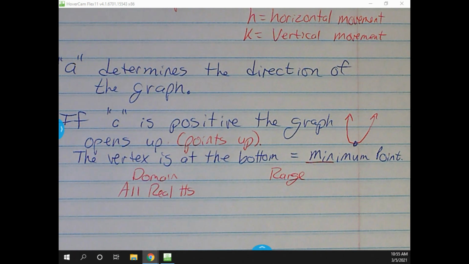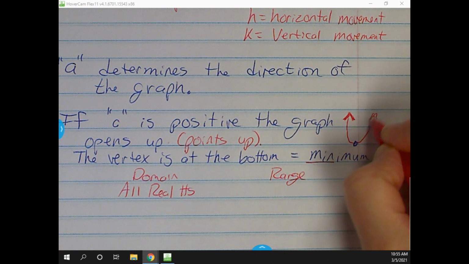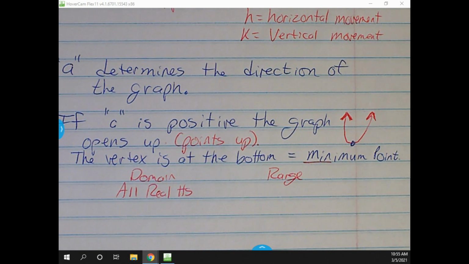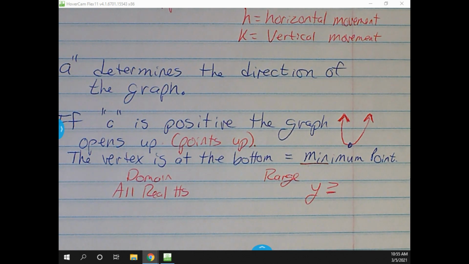This is where it gets easy if you know what the a value is. The arrows are pointing up, correct? So which way is up, greater or less than? Up is greater, right? So when I talk about the range on this one, your range is going to be y greater than or equal to your y value of your vertex.